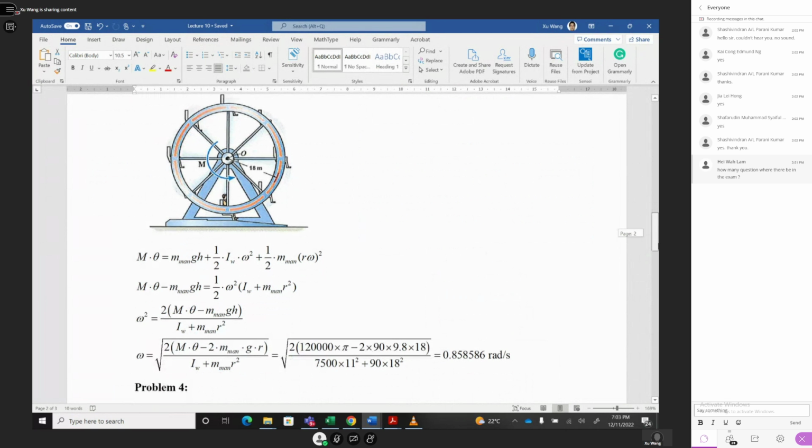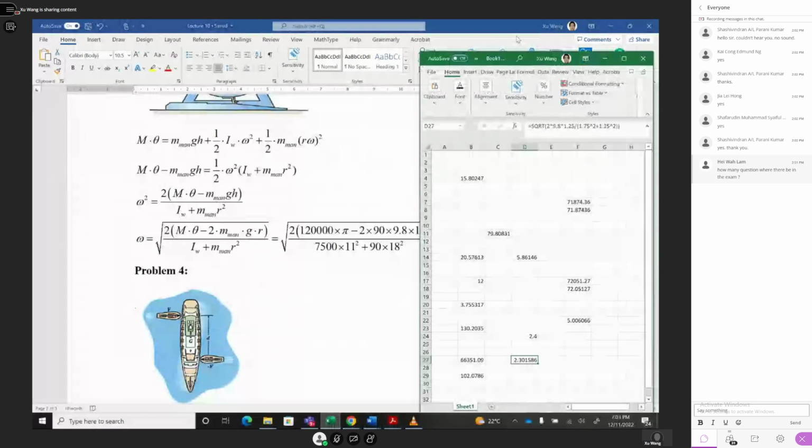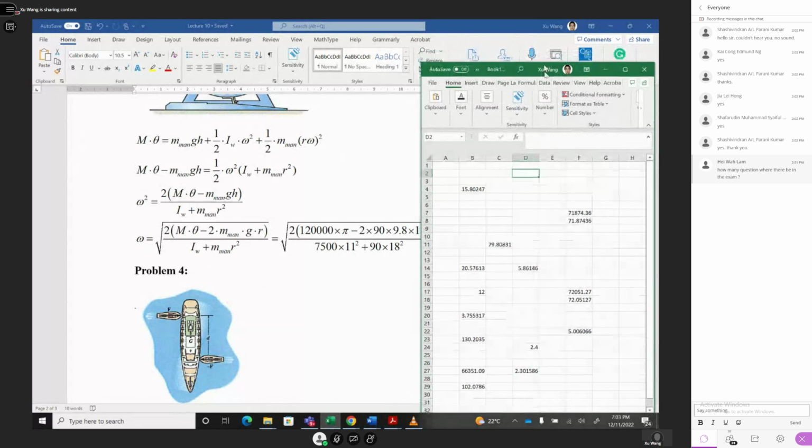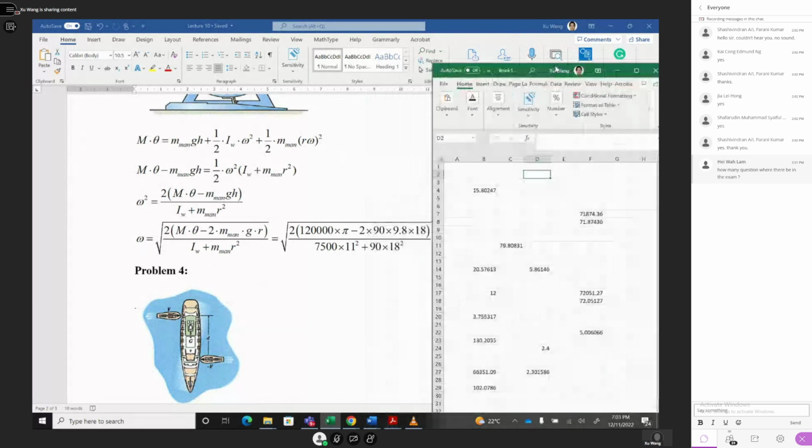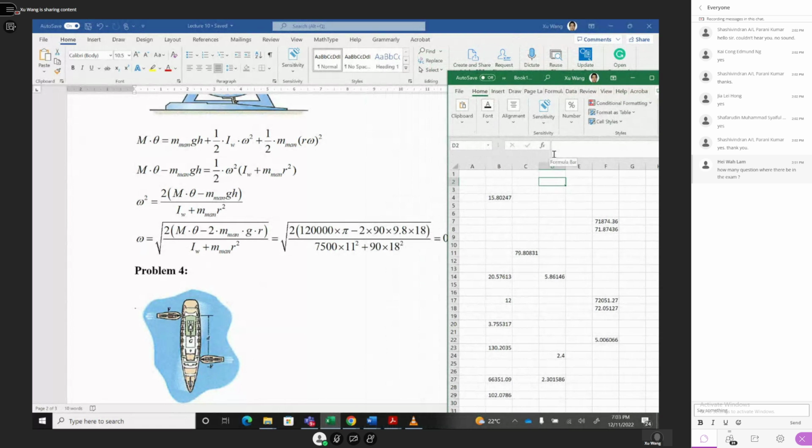Okay, double check. So we go to here, equal, and the square root, and then we go to numeric. Square root, numeric, bracket again, numeric again, multiply.